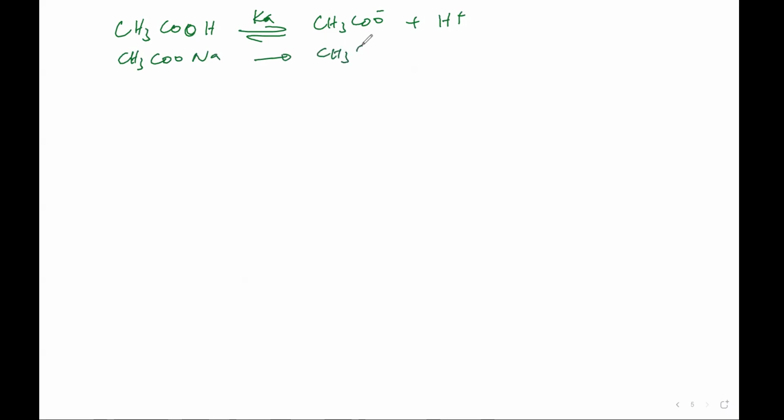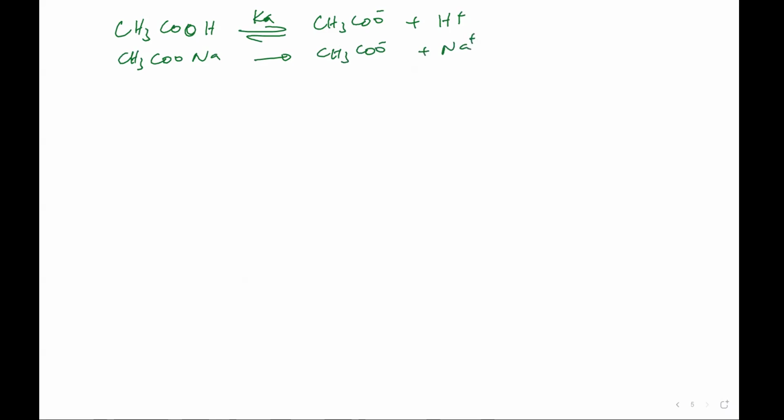And if you have a buffer, we said that here we have a Ka value because there is an H positive plus CH3COO minus. And here we have the salt, which is CH3COONa. It completely ionizes to give the CH3COO minus plus the sodium ion.